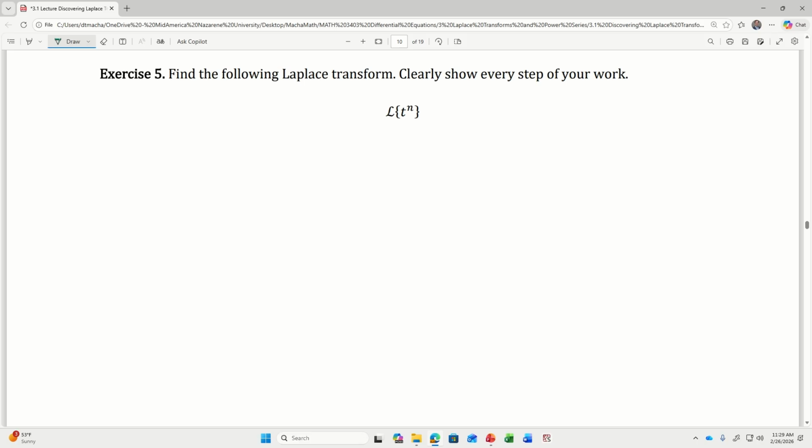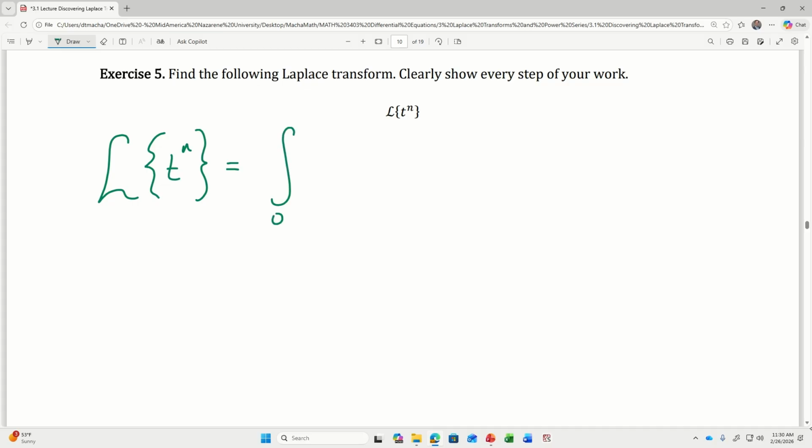Find the following Laplace transform. So here we go. We've got t to the n power. And I think this one's going to be kind of a doozy. You would think that this one would be straightforward because the derivative power rule is very straightforward. The antiderivative power rule is not so bad.